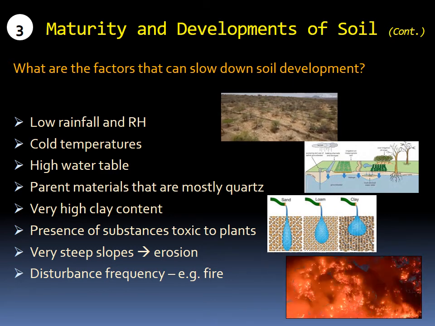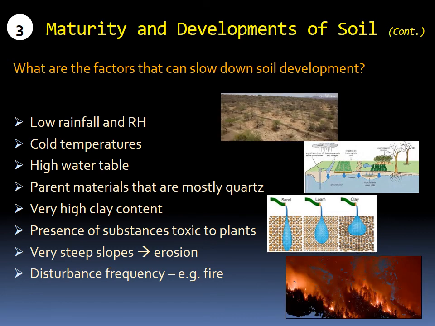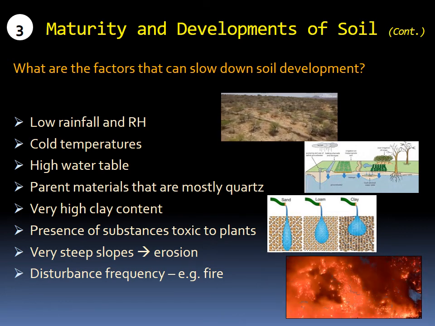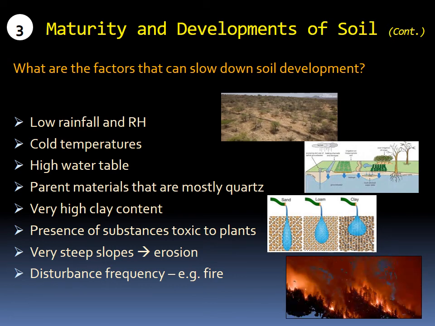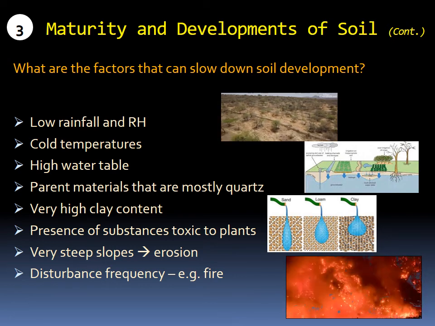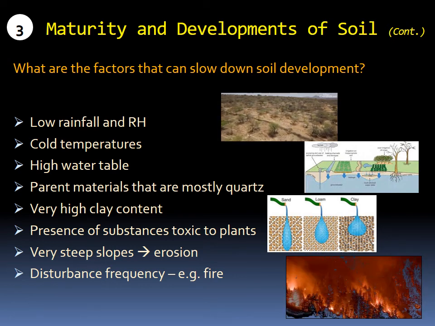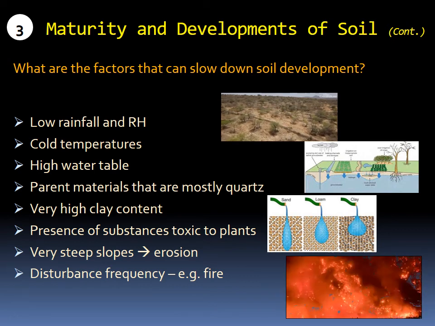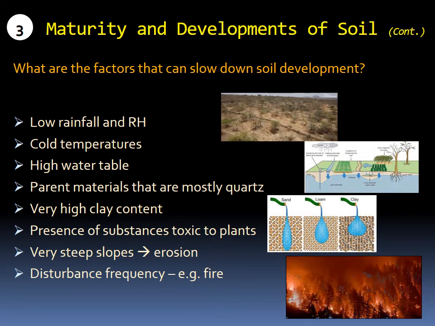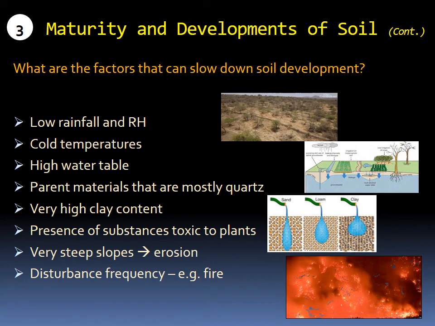It would affect the water movement, it would affect the macro and microorganisms that live in the soil, and it will affect so many properties that would at the end of the day lead to slow down the development of that particular soil profile.